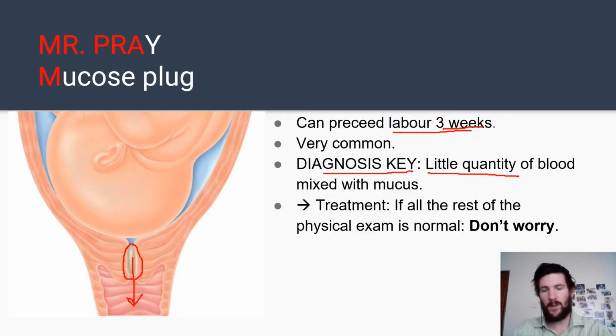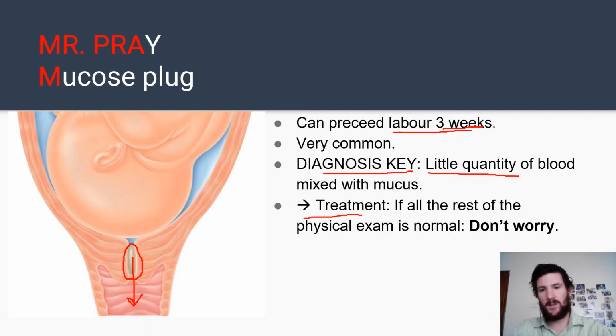The other important thing is that you have to ask her, do you have only blood, or blood with something, with mucus, similar to the mucus that we have in our nose when we have a flu, or something like that. So you can differentiate between fresh blood and blood mixed with mucus, which is the characteristic of the mucus plug. Okay?